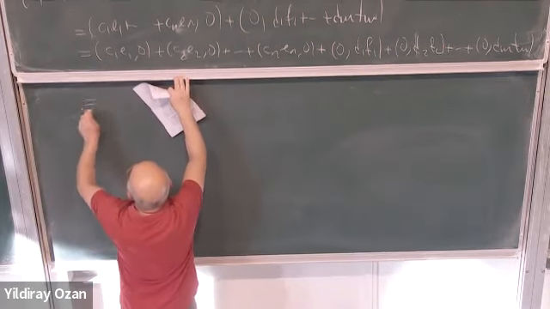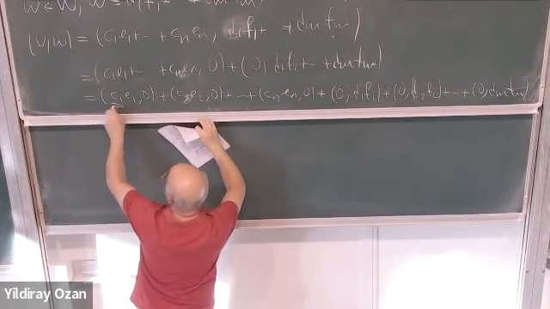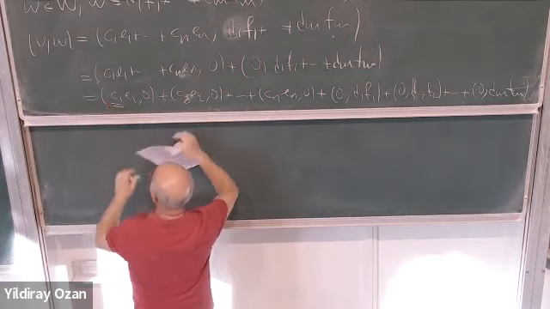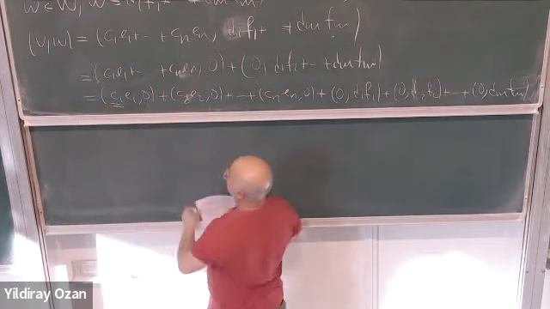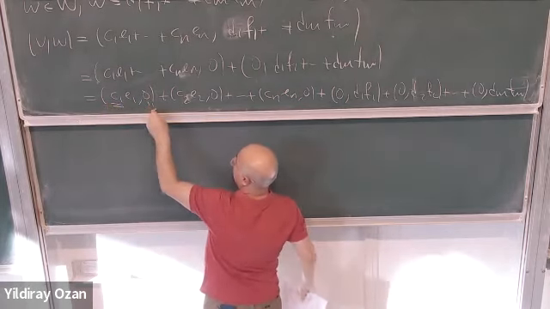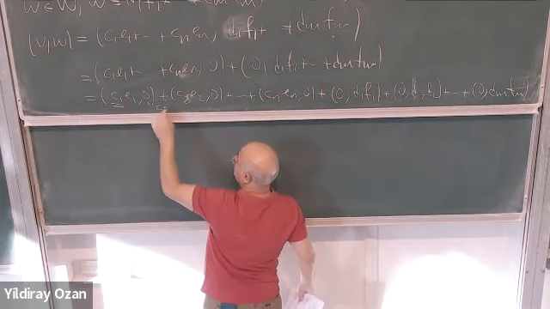Here I can take the Ci outside, and write the 0 as Ci times the 0 vector.